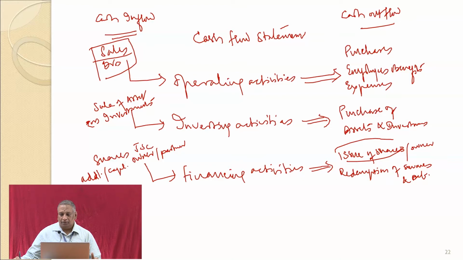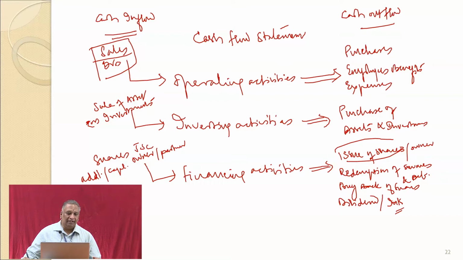And in case of outflow, it can be repayment of debt or buyback of shares or payment of dividend. Dividend is nothing but share in profit to the supplier of money, maybe the shareholders or the investors. Dividend and payment of interest in case of borrowings. Okay, finance cost, interest is otherwise called finance cost.